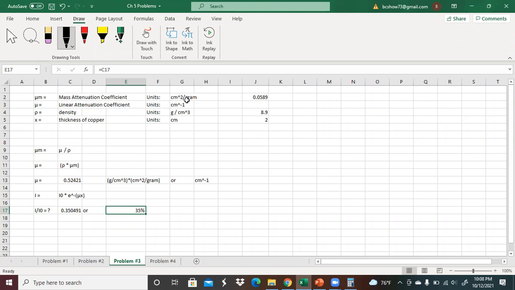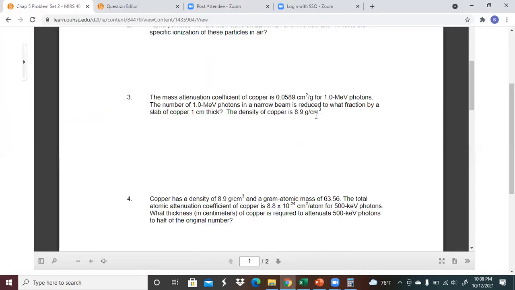Its units are centimeter squared per gram, and this is the value. Linear attenuation coefficient is going to have units of cm to the -1, at least in this particular example. In other examples, it could be different. Density is going to be grams per cubic centimeter. And I believe all of the values here are explicitly spelled out for this problem.